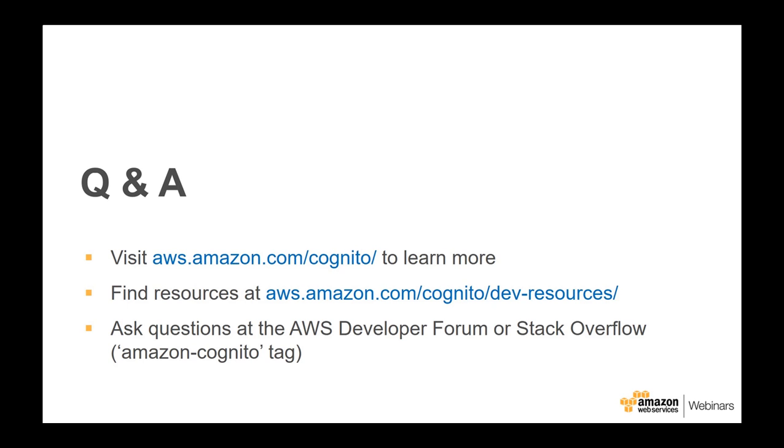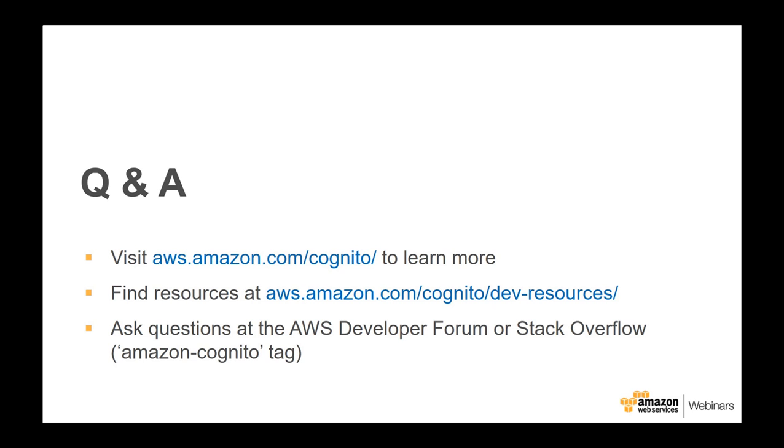We have some customers who do this with a static page, so you don't really need a back end. You can host this page in S3, and you can configure that link to send a clickable link to the user's email, so they don't have to enter the code. They can just click that link in order to confirm their email.